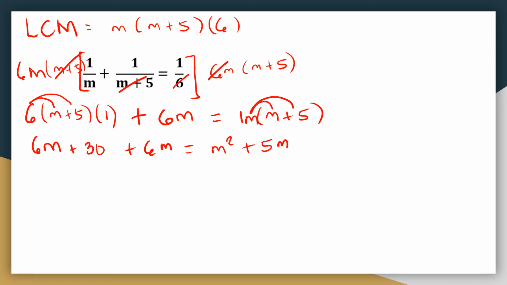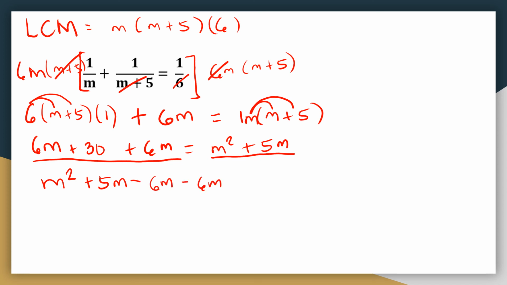Since the positive squared value is on the right side, this is what I'm going to transpose to the left side. So we're going to have m squared plus 5m minus 6m minus 6m, then minus 30 equals 0.